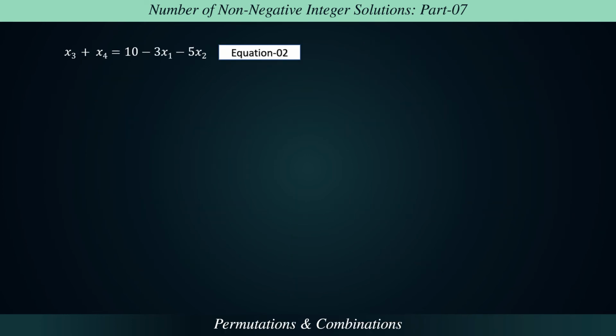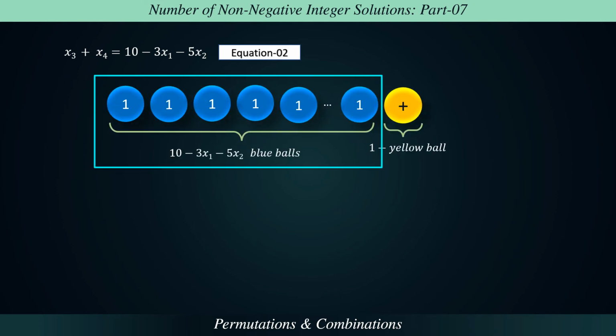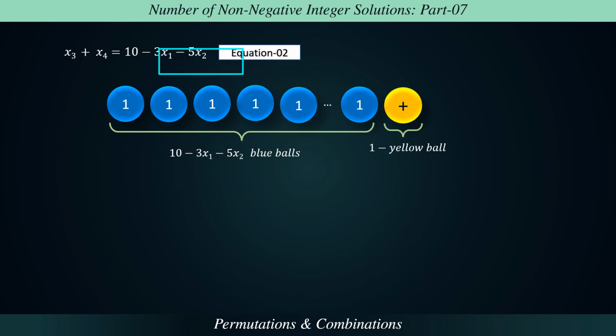Using the second approach, that is the blue and yellow ball method, here we have a total of 10 minus 3x1 minus 5x2 blue colored balls, which equals the right hand side of equation 2, and one yellow colored ball, which is equal to the number of positive signs on the left hand side of equation 2.